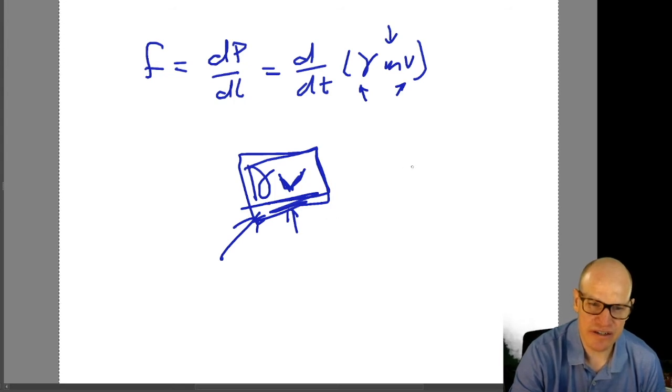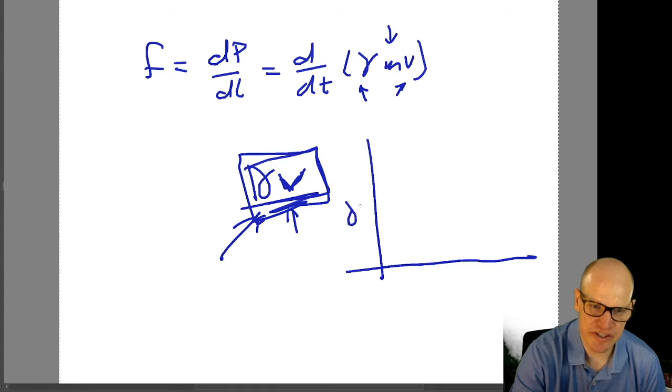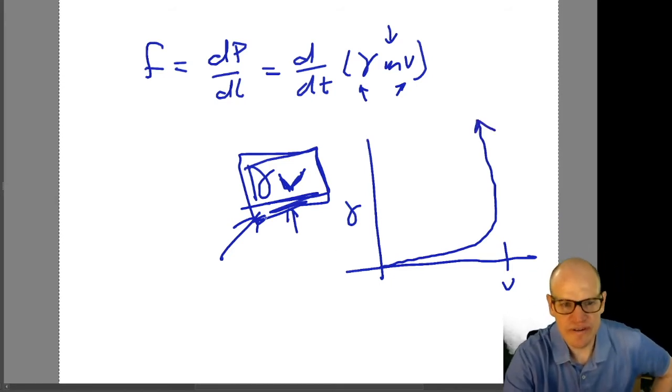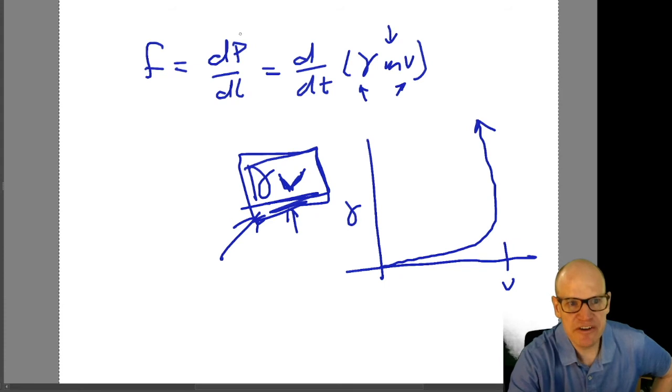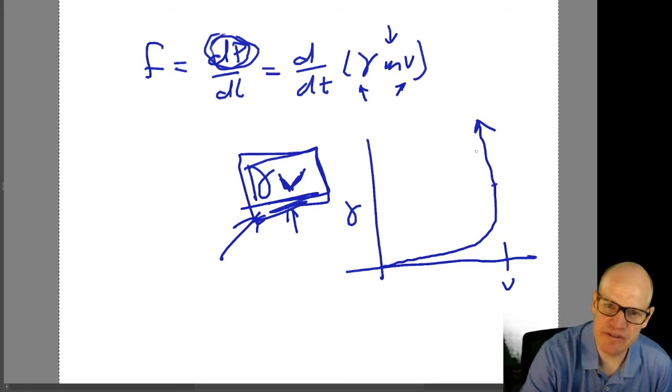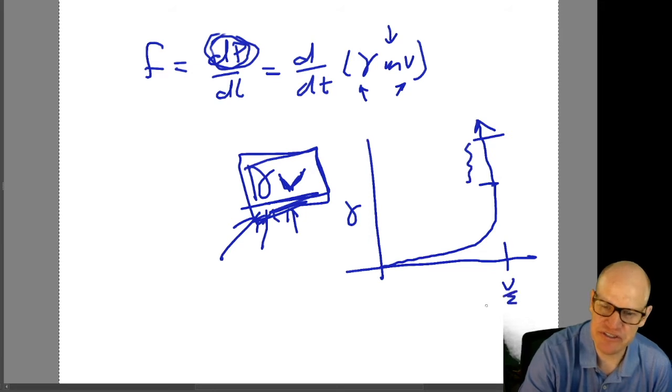So if I plot, again, that plot that I showed earlier with gamma as a function of velocity, it goes like this, and then it grows up very quickly like that. So if I'm adding momentum to the system, so momentum is being added to that system as I keep exerting the force, there's a lot more momentum to gain here by increasing gamma than there is by increasing v.